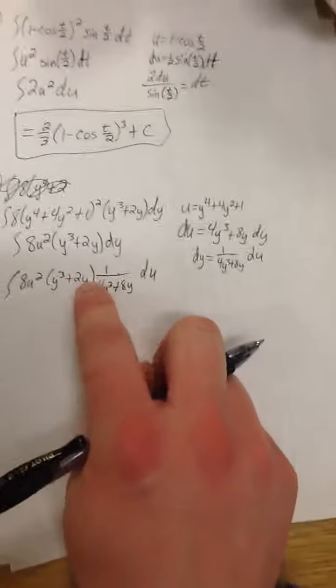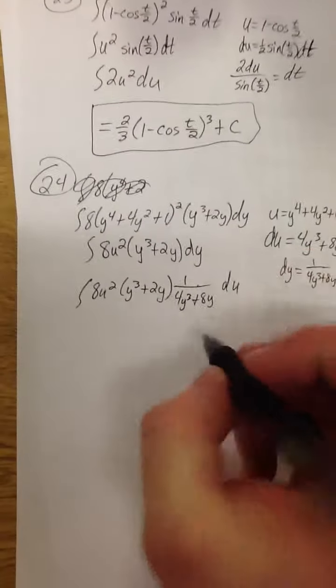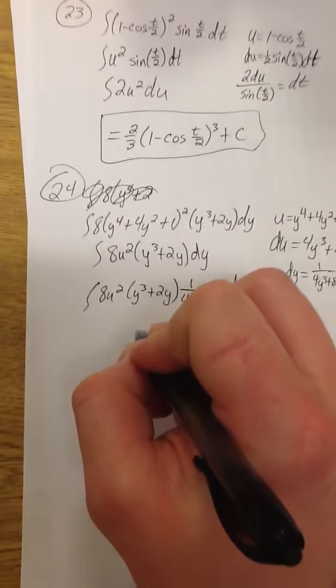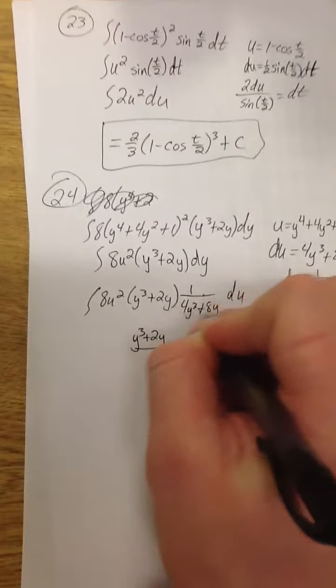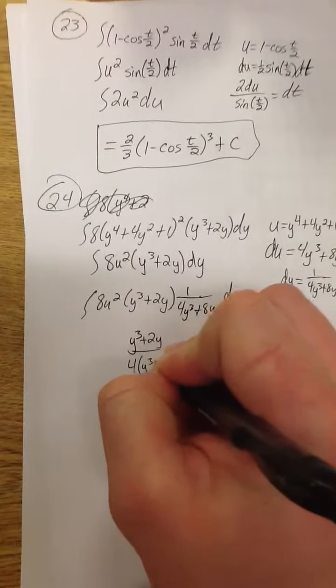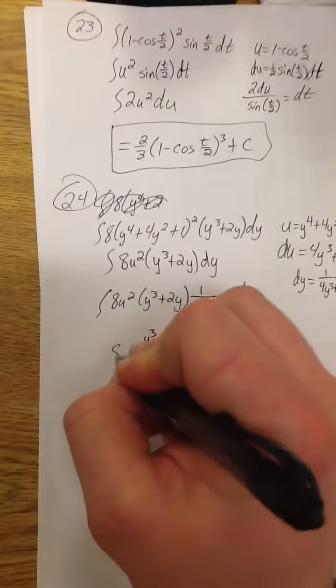Well, if I multiply these together, hopefully you can recognize that something special is going to happen here. I'll have y to the third plus 2y over, I could factor a 4 out of that, so 4 times y to the third plus 2y, and then this out front.